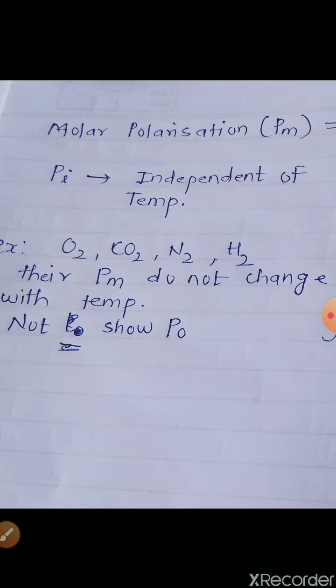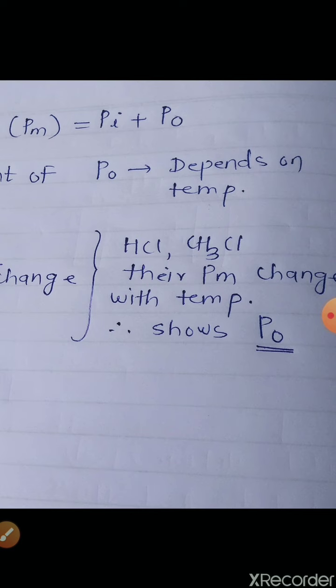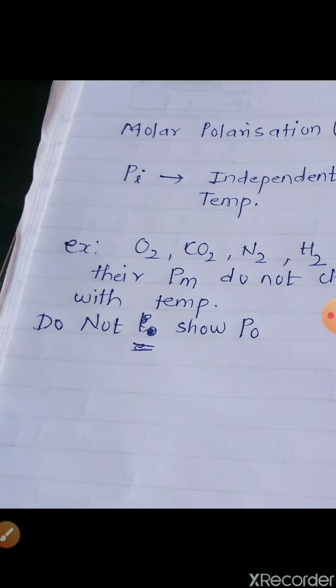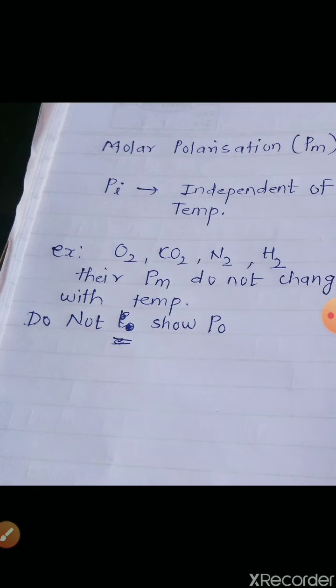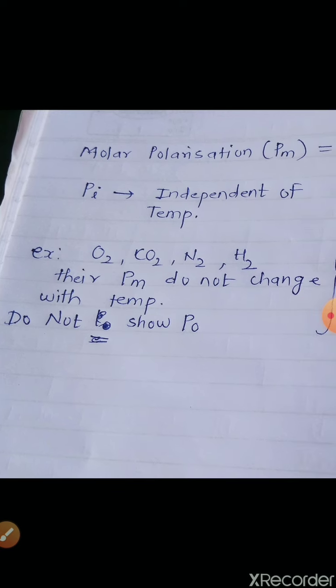Now the induced polarization is independent of the temperature, but orientation polarization totally depends upon the temperature, that is it will change along with the temperature. For example, O2, CO2, N2, H2, all these are non-polar molecules. Their molar polarization does not change with temperature.